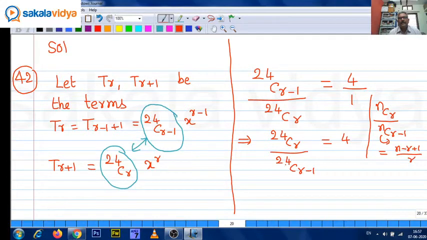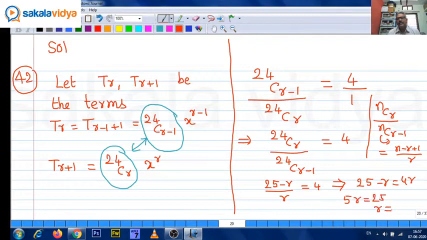So this can be written as (24 minus R plus 1), that is 25 minus R upon R equal to 4. Cross multiplication: 25 minus R equal to 4R. So 5R equals 25. R value is equal to 5. So T5, T6 are the required terms.